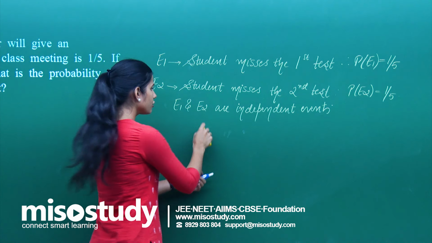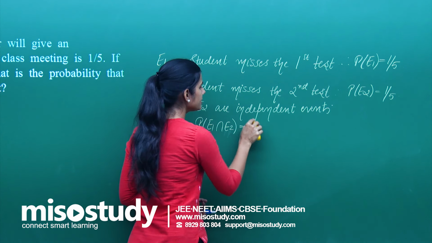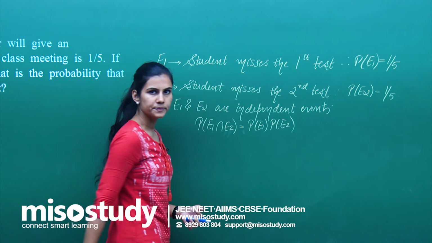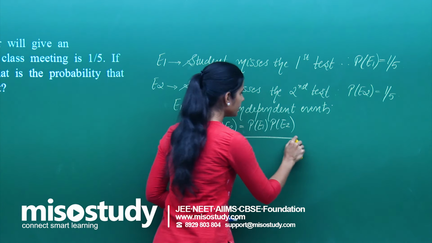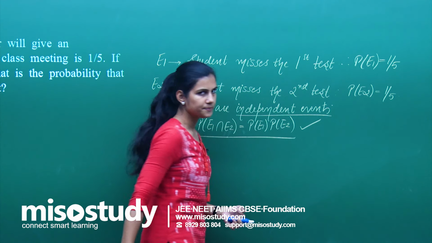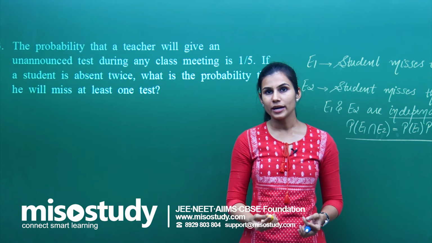If that's the scenario, what is the probability of E1 intersection E2? You all know this is equal to probability of E1 into probability of E2. Fine. This is something you need to keep in mind because they are independent events. I am being asked what is the probability that he will miss at least one test.